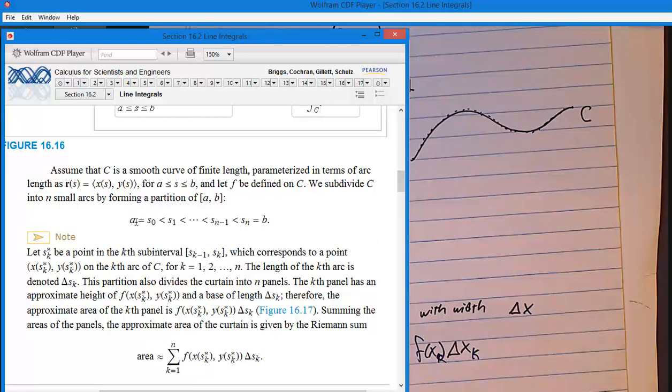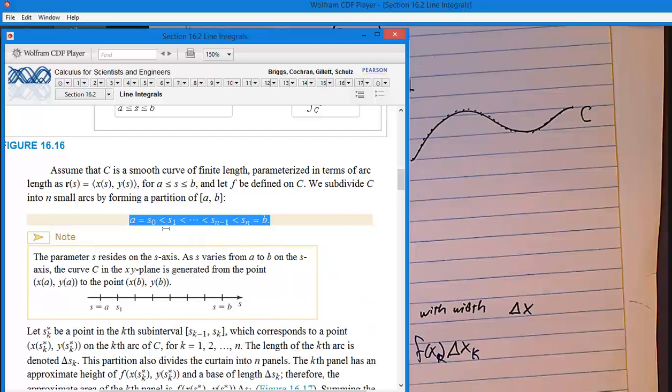So what do we do? Well, isn't this what I just did in Calc 1? Yeah, except you'll notice I changed variables. What variable am I using? S. Do you remember what S stands for? Arc length. So one of the things we learned how to do is we learned how to parameterize a curve in different ways.